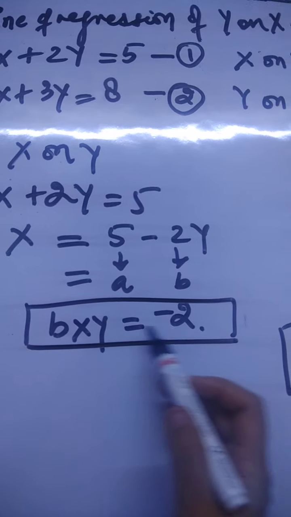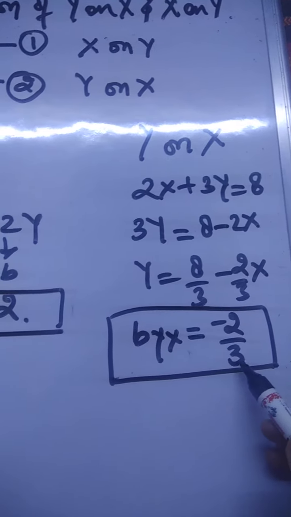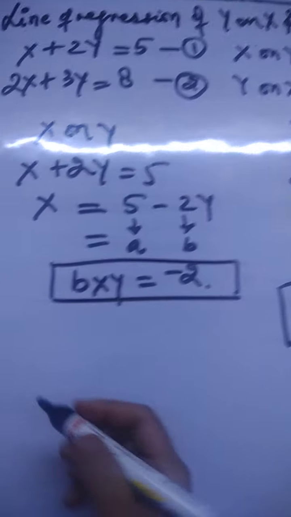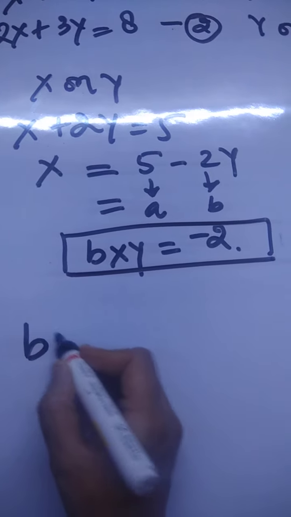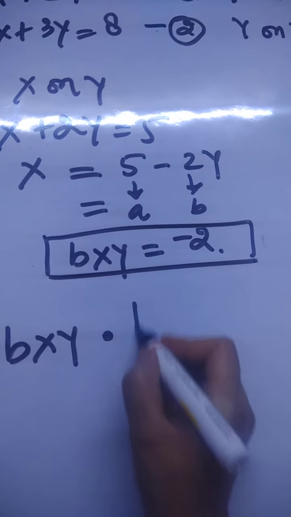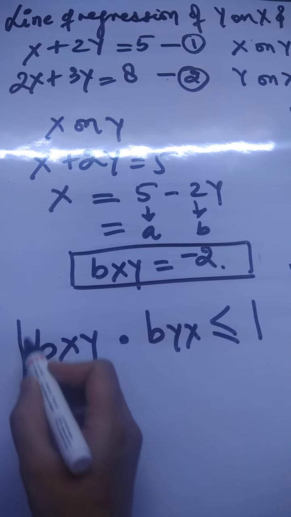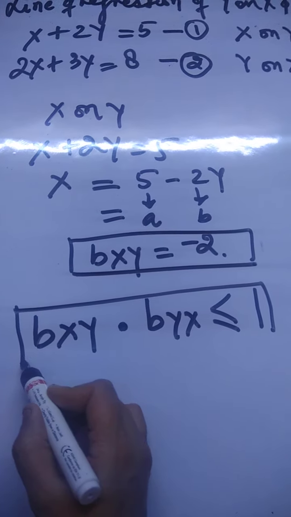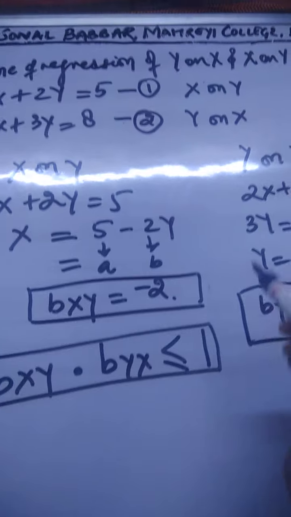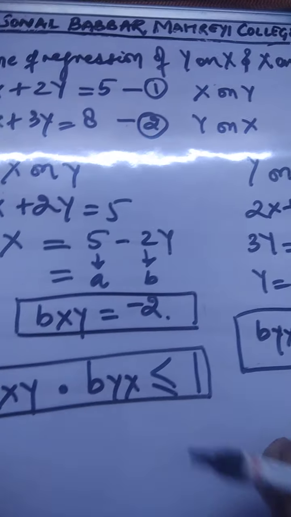So we have bxy and we have byx. The next step is to take the product of the regression coefficients. This must be less than or equal to 1 if your assumption about the equations is correct.